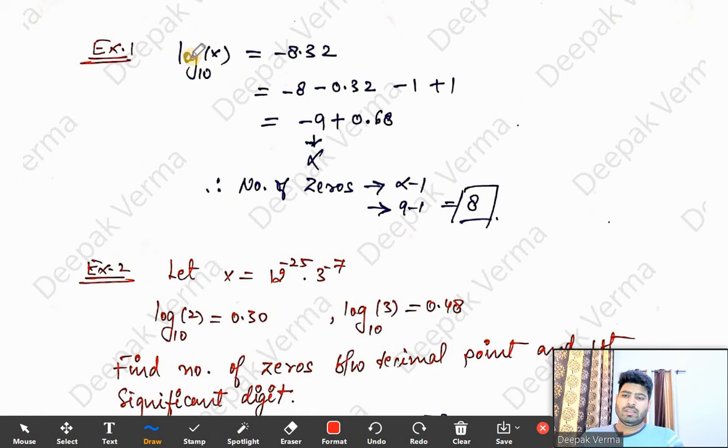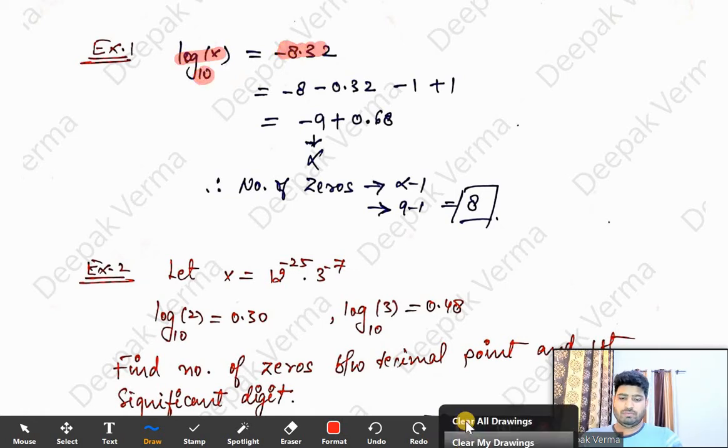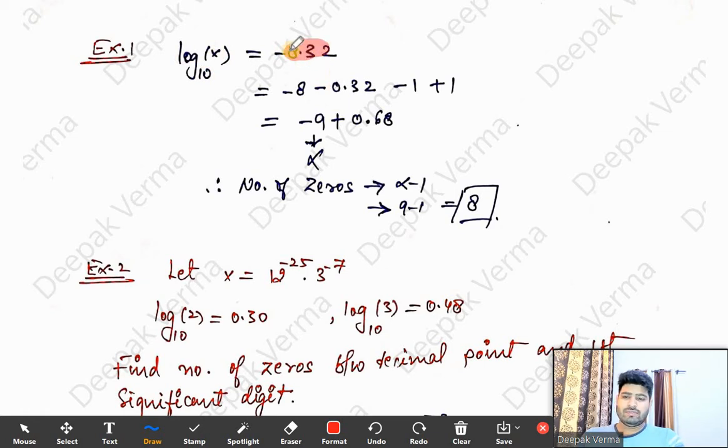Look here, if log x to the base 10 is equal to minus 8.32, so here the mantissa part is also negative. Minus 8.32 means minus 8 minus 0.32. In order to make the mantissa part positive, what we will do, we will subtract 1 and add 1, that is minus 1 plus 1. So minus 8 minus 1 will become minus 9, and 1 minus 0.32 we will get 0.68.